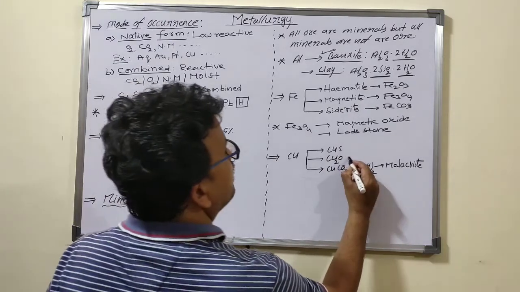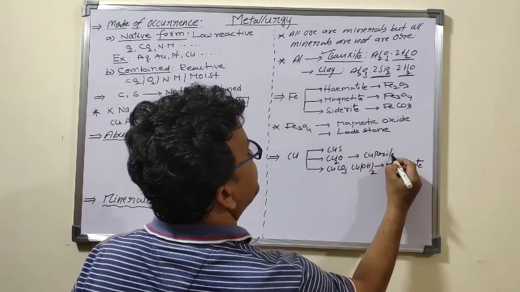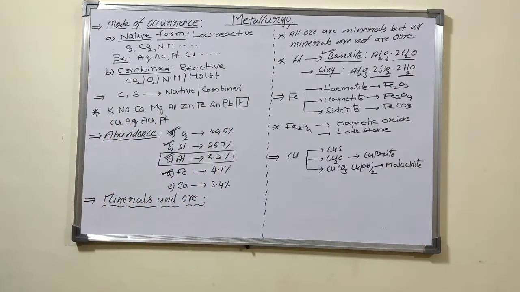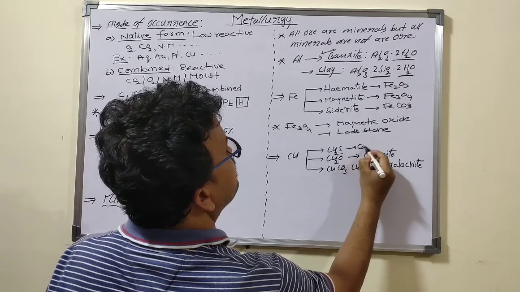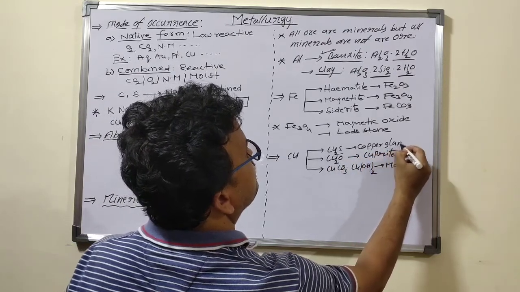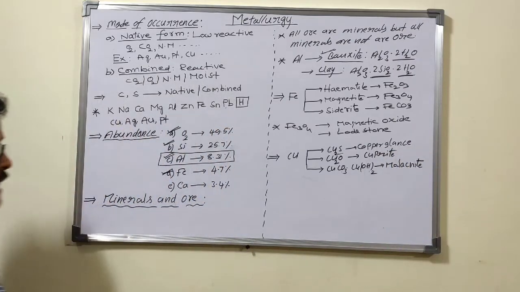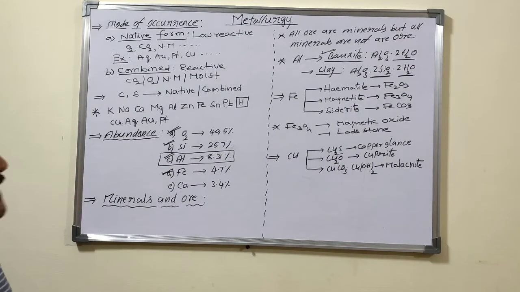This we are calling cuprite. And now we have copper sulfide. This copper sulfide we are calling copper glance. So like this, copper exists in three forms: copper glance, cuprite and malachite.